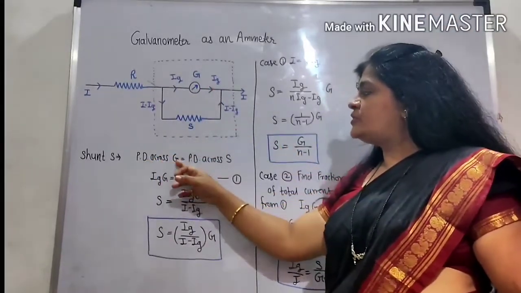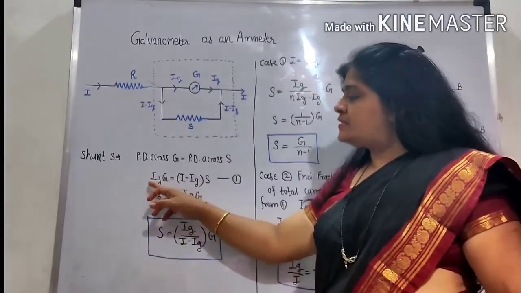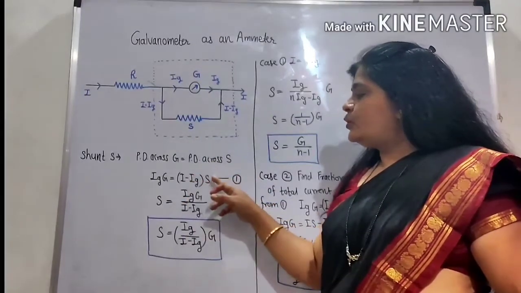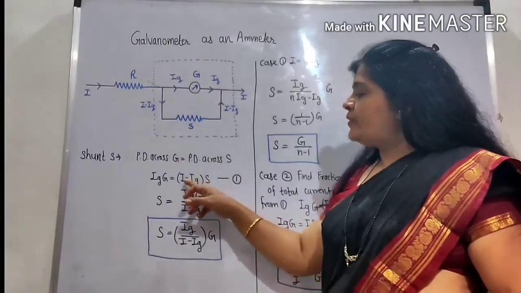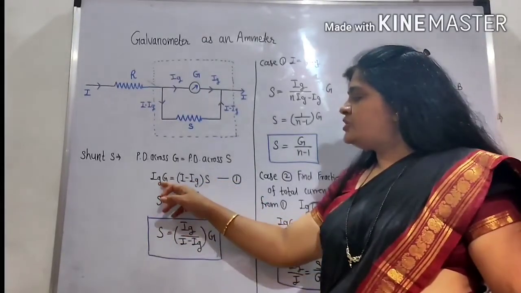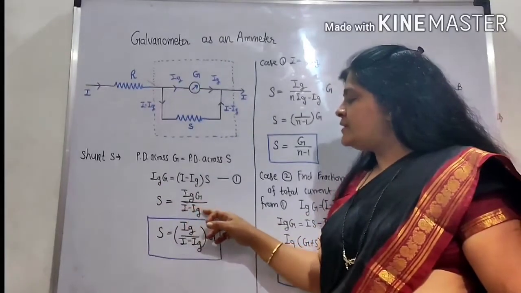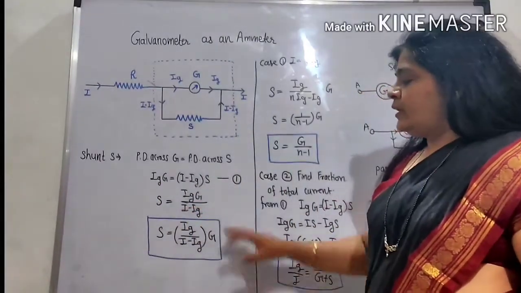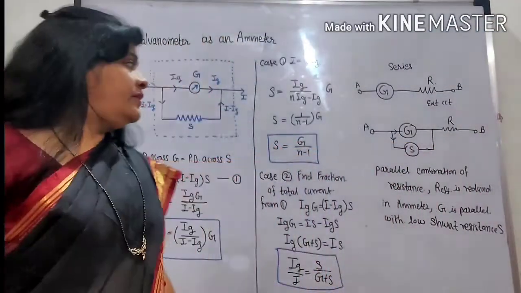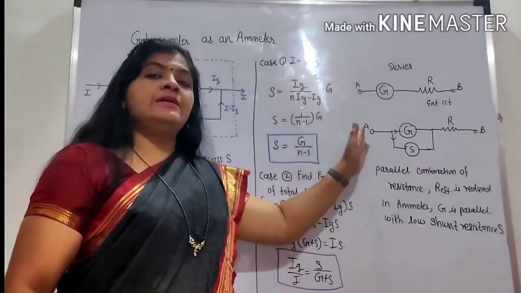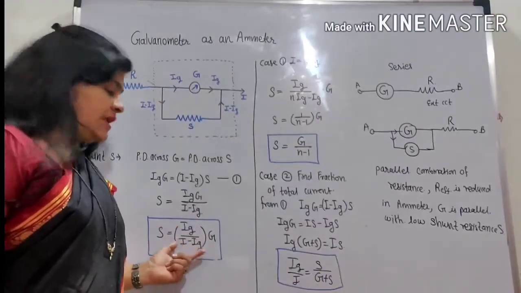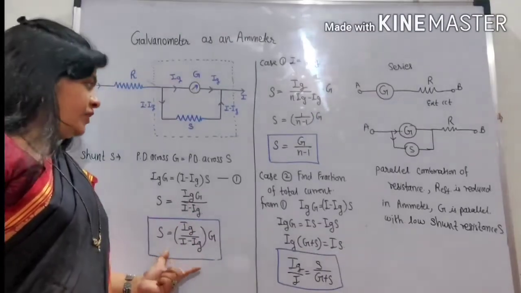The potential difference across G is current into resistance, Ig into G. The potential difference across S is (I minus Ig) into S. Now S is equal to Ig into G upon (I minus Ig), equation number 1. This gives us the formula for the shunt resistance whenever we use the galvanometer as an ammeter. Our aim is to find how much shunt resistance must be connected, and we use this formula for it.